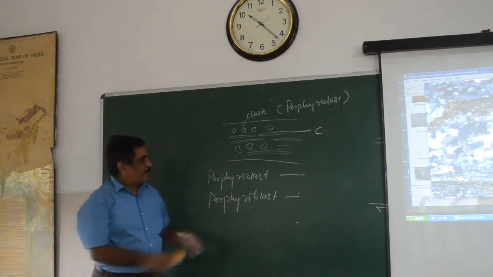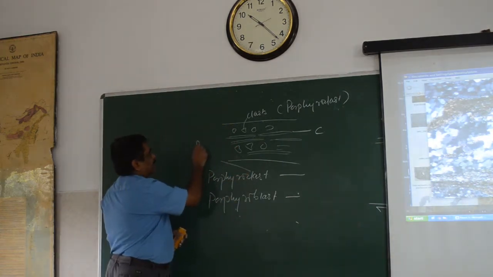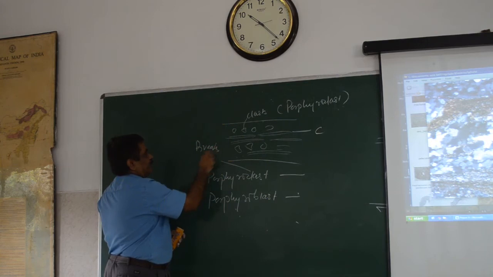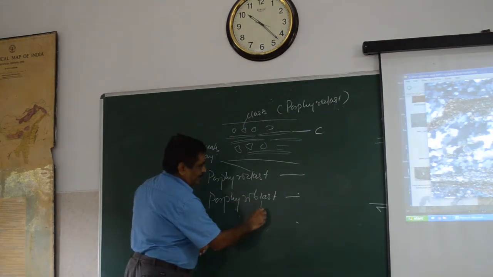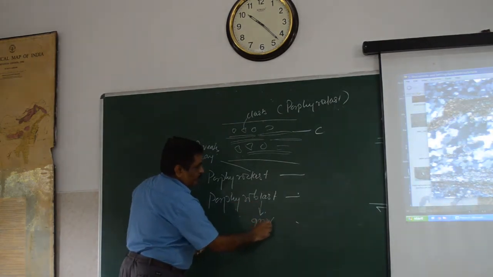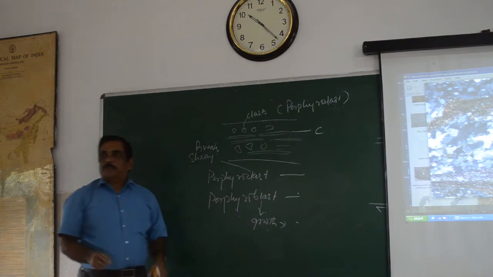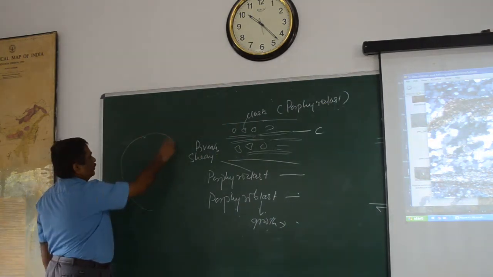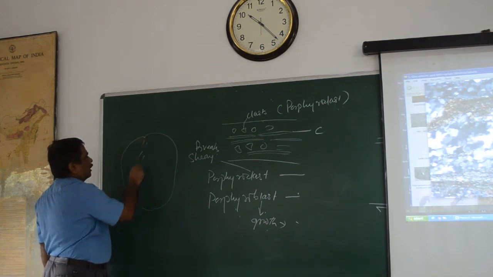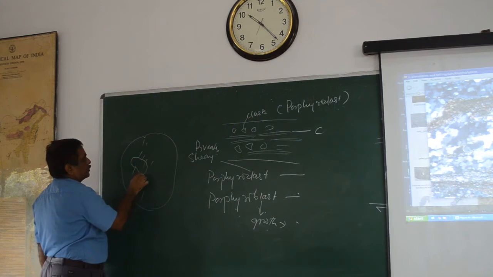So clast has something to do with breaking or shearing, but blast is something related to growth. Suppose a garnet-ferrous mica schist is there, micas will be there, and some garnets which are very coarse in size.